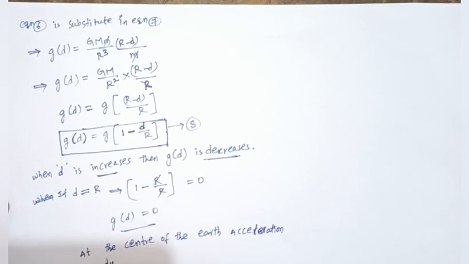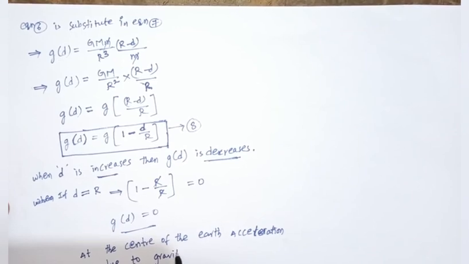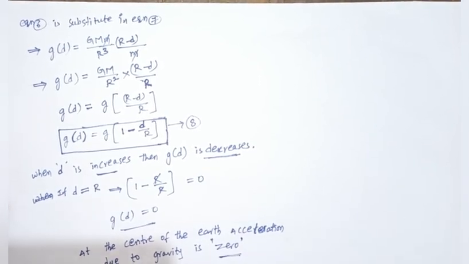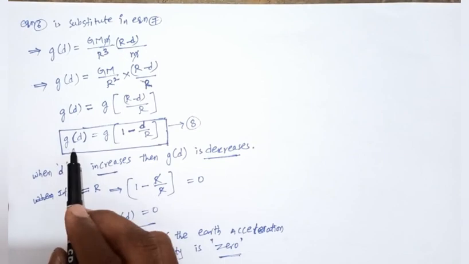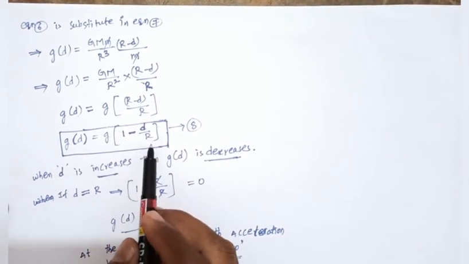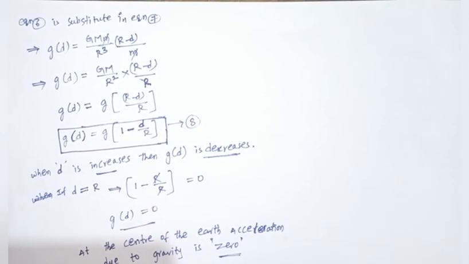So this is the expression for acceleration due to gravity below the earth surface, g of d equals g into (1 minus d by R). I hope you understood this topic. Thank you.